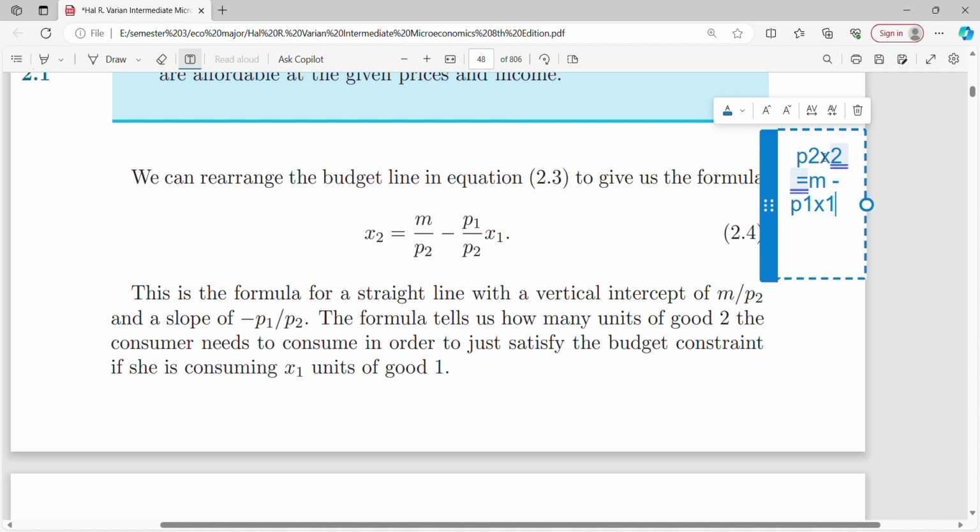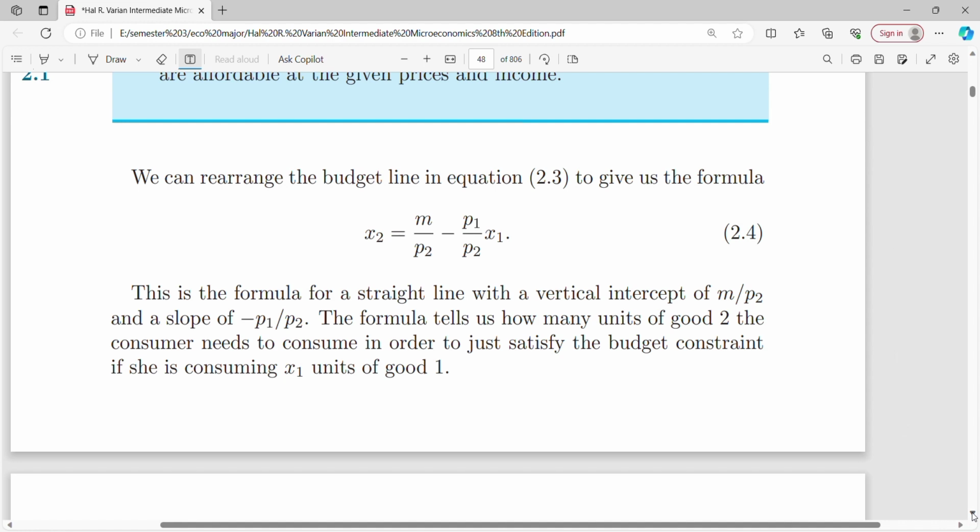Then we'll take the P2 to the other side. As it is multiplied here, on the other side it will be divided with both M and P1 X1, so it comes as M by P2 minus P1 X1 by P2. Okay.